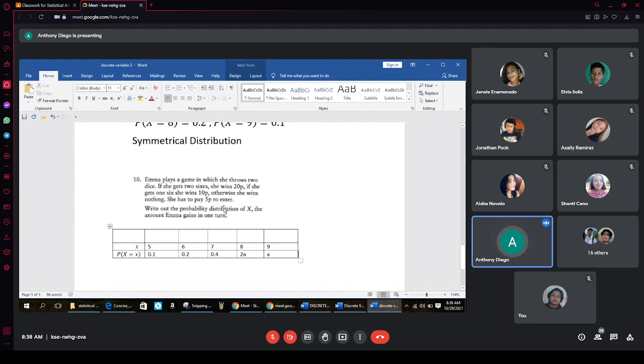So, which means then we could have 0. Remember, she chose 2 dice. If she gets 2 sixes, she gets 20 pence. So let me start from 0 here.